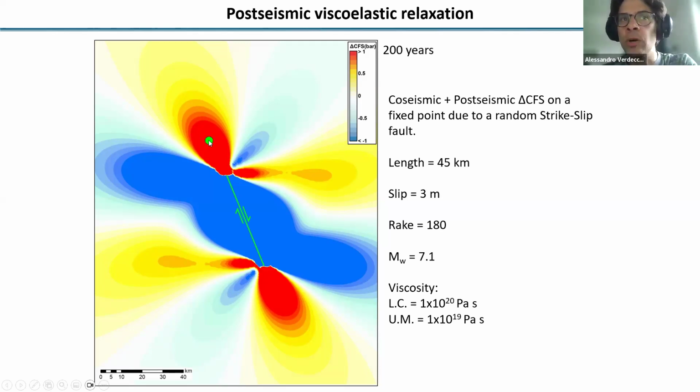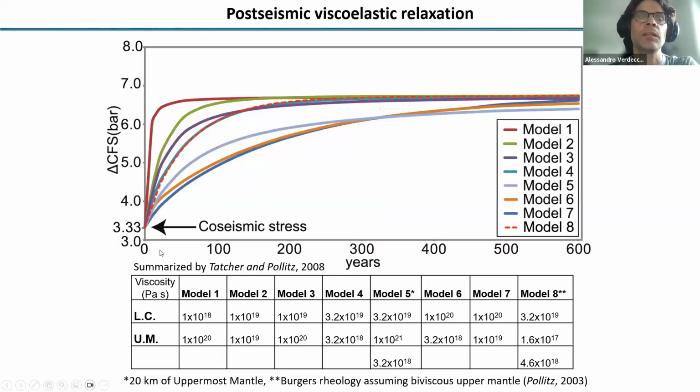So look at where the point is, and the next figure is going to show you the evolution in terms of Coulomb stress change in time of that particular point. Different curves represent different models where we basically tested different combinations of lower crust and upper mantle viscosities.